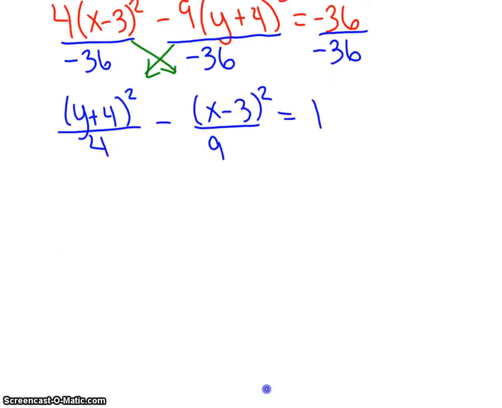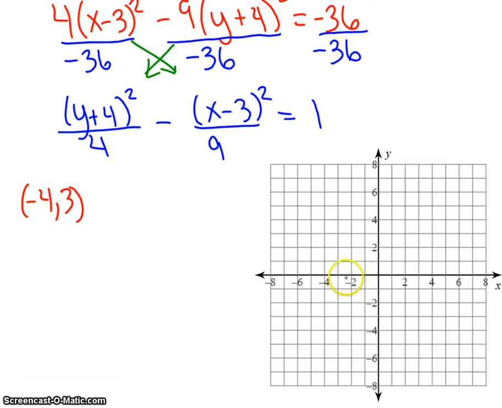Okay, so when we graph this, again, our center is at negative 4, 3. Okay, our center is at negative 4, 3, which is here. Our A is 2. Remember, A is always going to be your first one in this case. So it's 2.